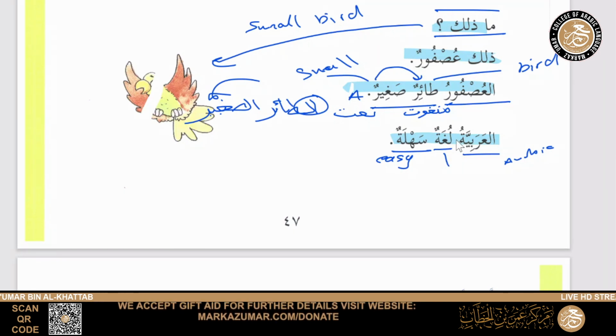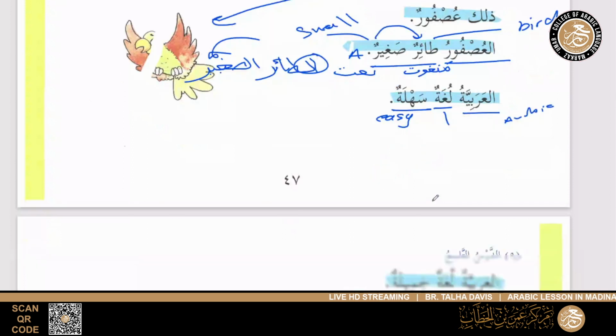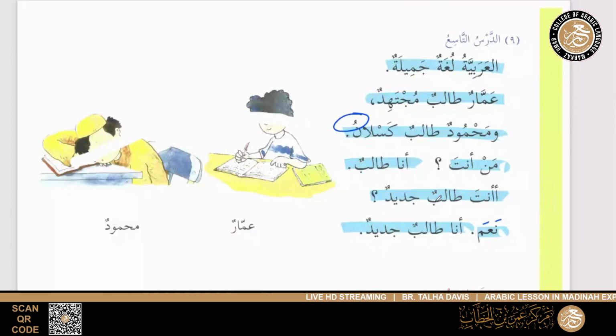So لغة is منعوت, the described, the thing that we're describing, and سهلة is نعت, the description. سهلة. نعم, جيد. And then we have العربية لغة جميلة.